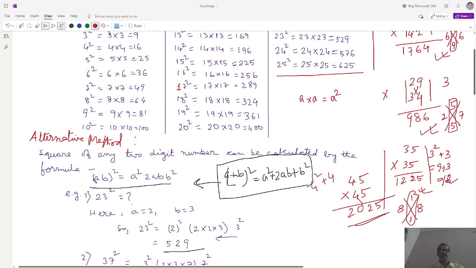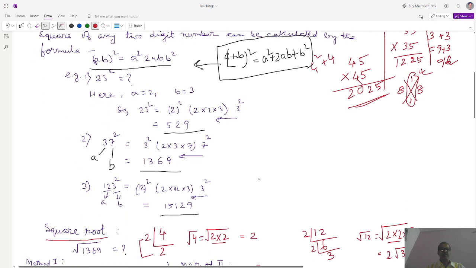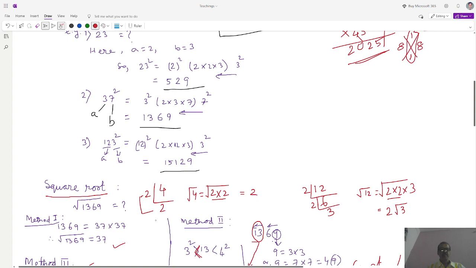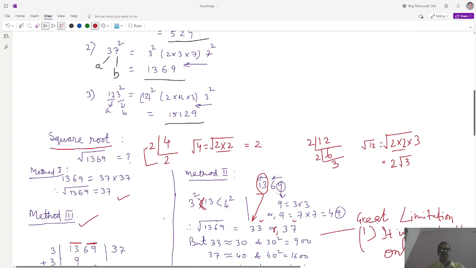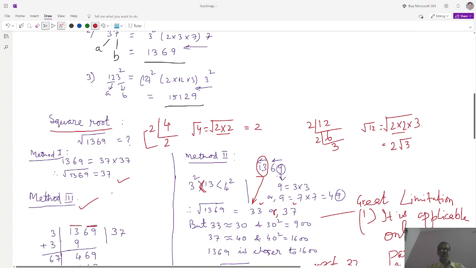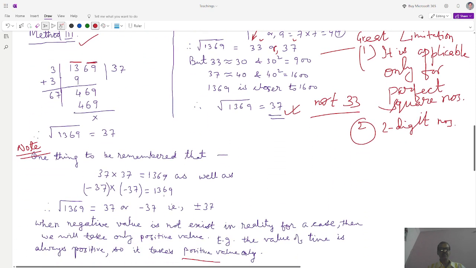I have described all of the methods, and after that, I have described how to find the square root of a number in three methods. Method one is the factorization method. Method two is the observation method. And method three is the division method.